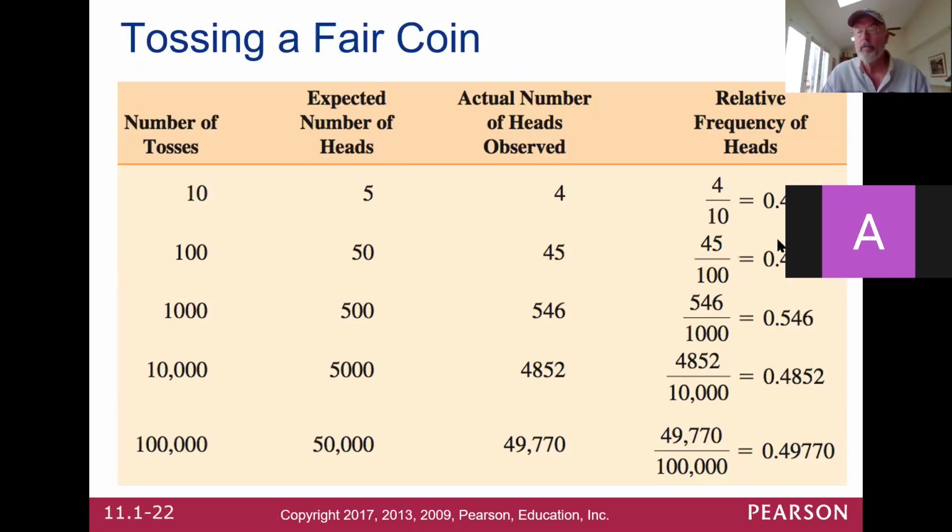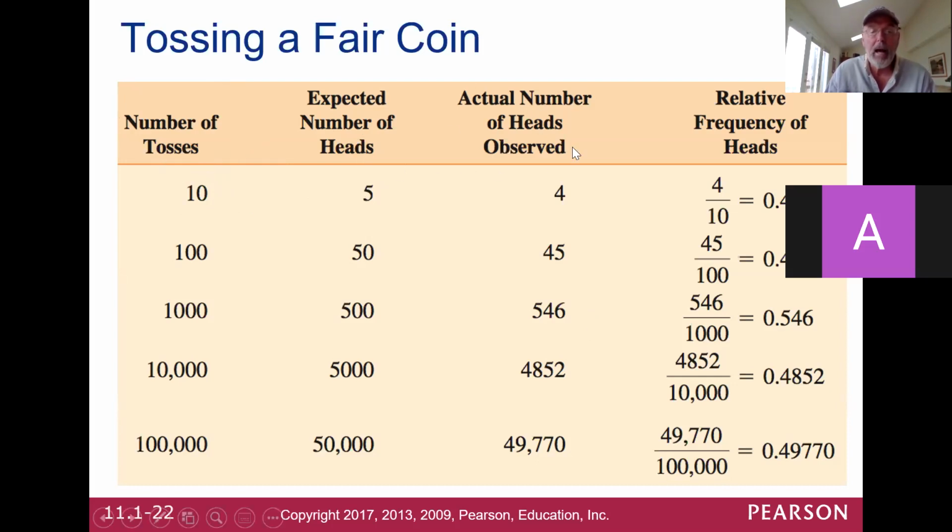I probably should have put it up earlier, but let's look at it this way. Going from number of tosses, if the number of tosses is 10, we would expect half of them to be heads. That would be the expected.